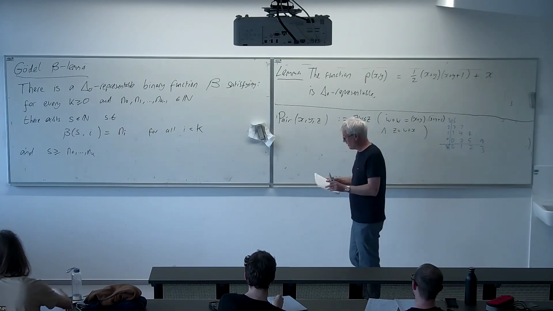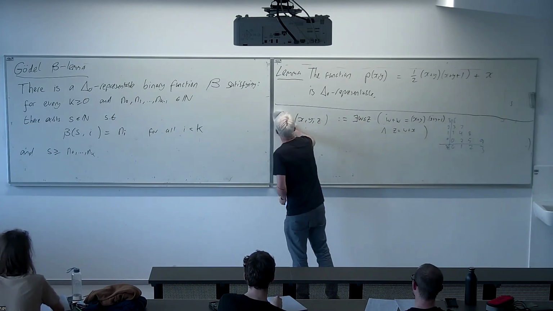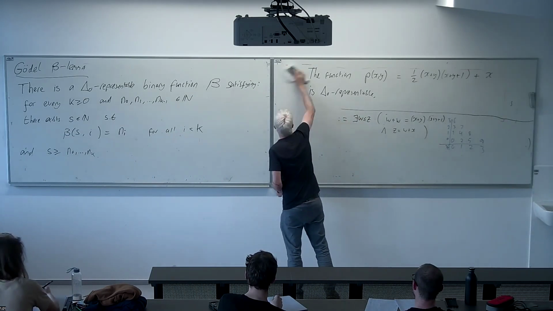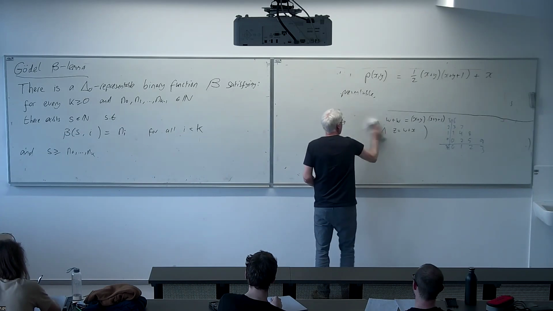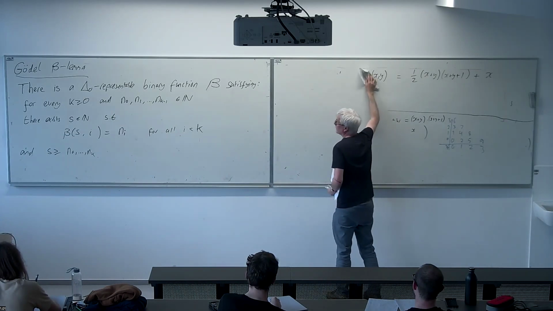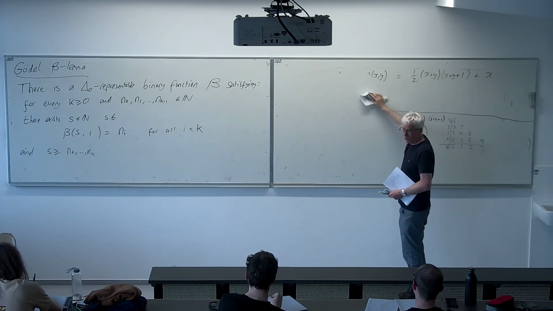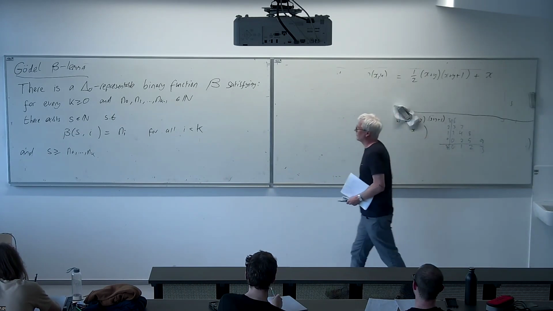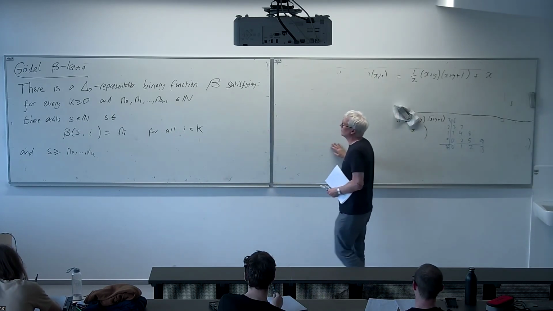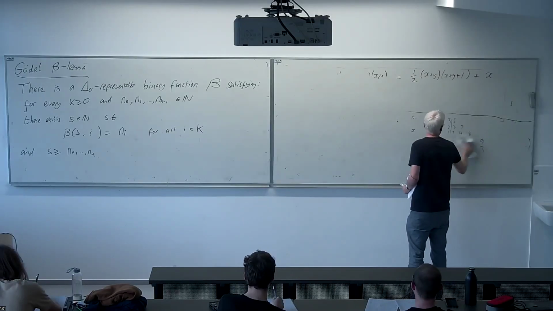So the application: we're going to prove that the exponentiation function is definable by a sigma 1 formula. So far, everything has been definable by delta zero formulas, including the beta function.